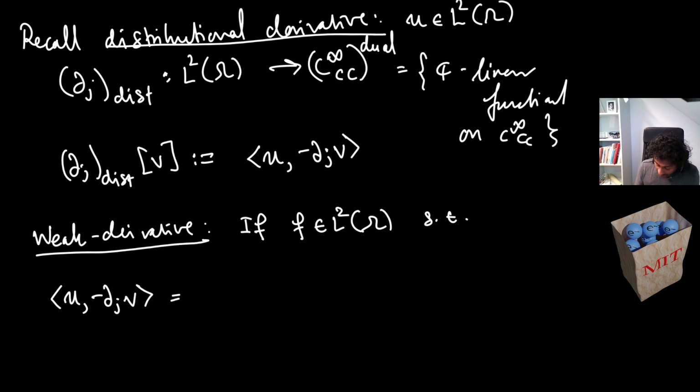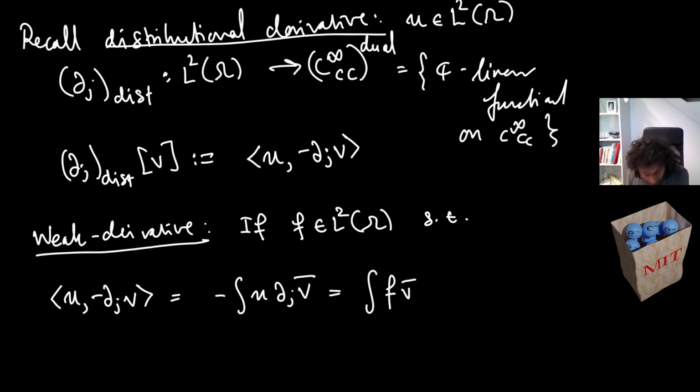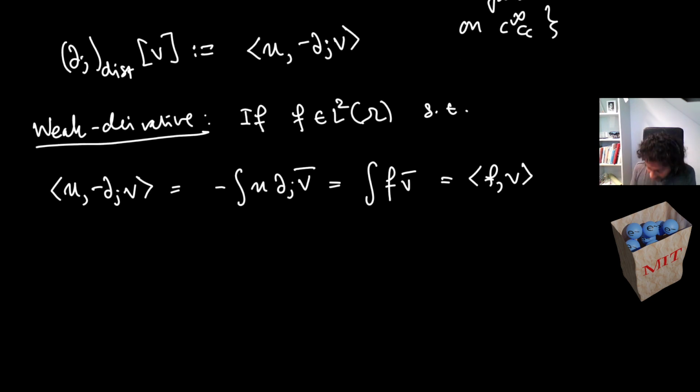So we say that f is a weak derivative if, when you learn these things, typically only the formula in the middle is written down, right? So this is equal to f v bar, and it's really this part that's written down in books when you study this.